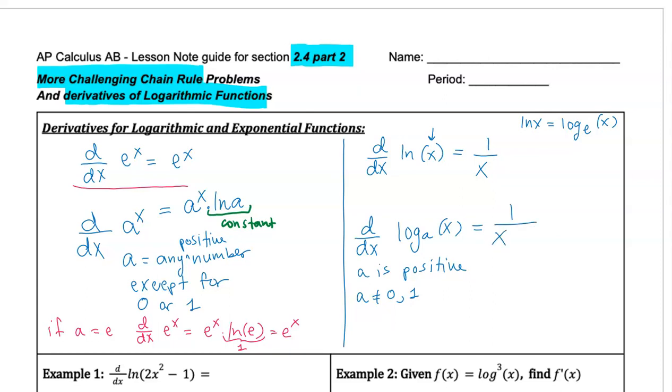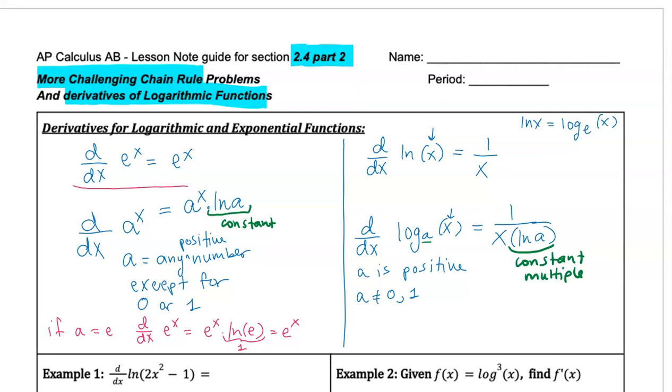It starts by dividing by whatever's inside the log, 1 over x. But then again, you multiply by the constant. This again is a constant multiple. And the constant that's multiplied here would be the natural log of whatever this base is. And again, the proof of this, again, is coming in after section 2.5.